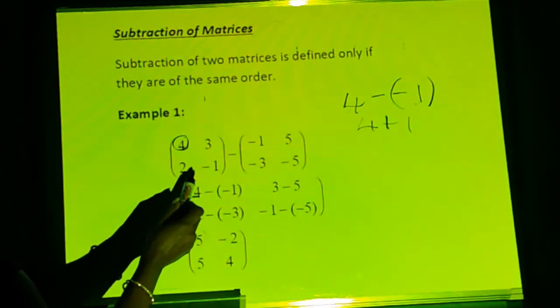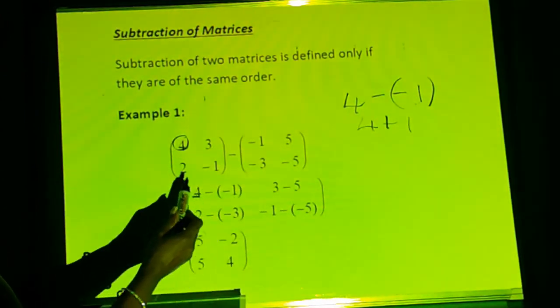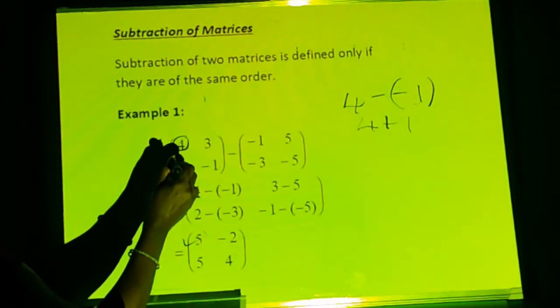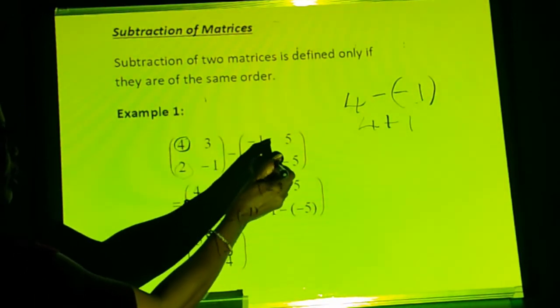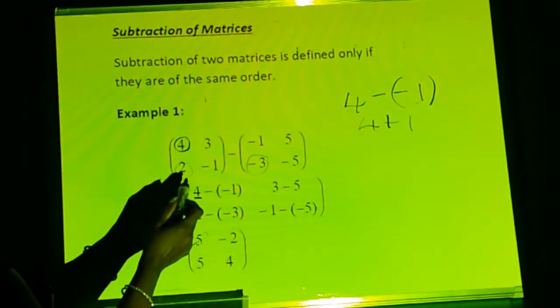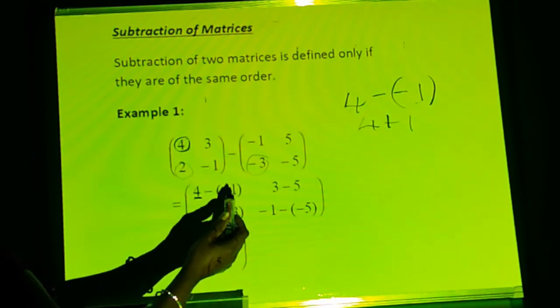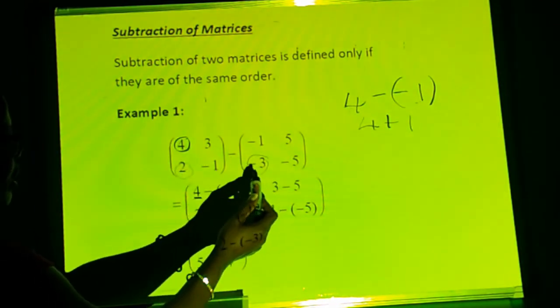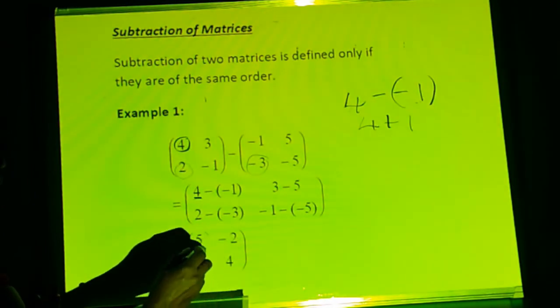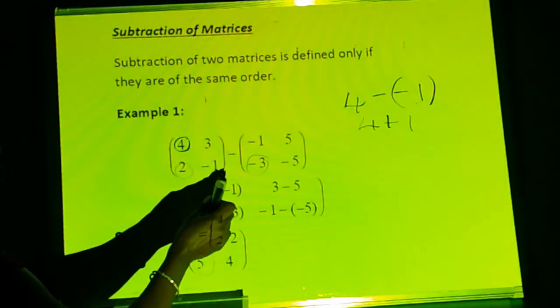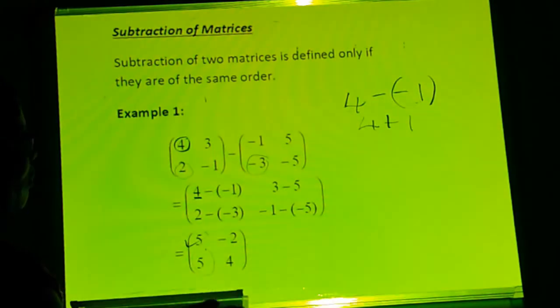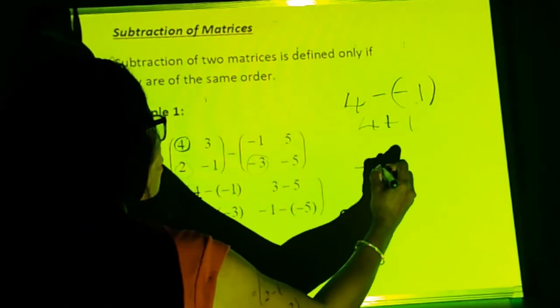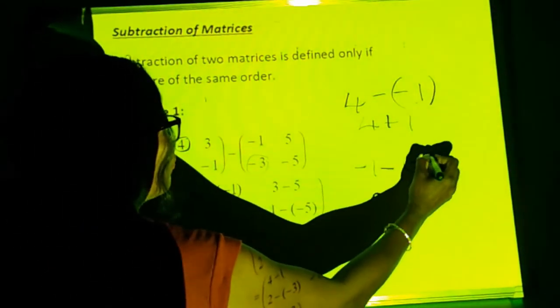Next one, 2 minus negative 3. This 2 and this negative 3 are in the same position. So 2 minus negative 3 will give me 5. And negative 1 minus negative 5.